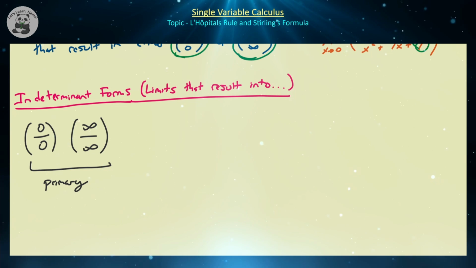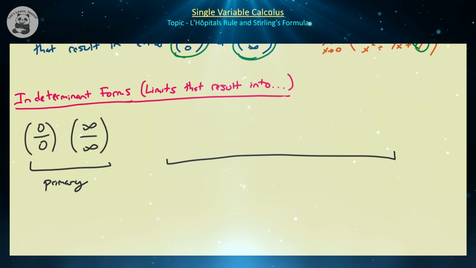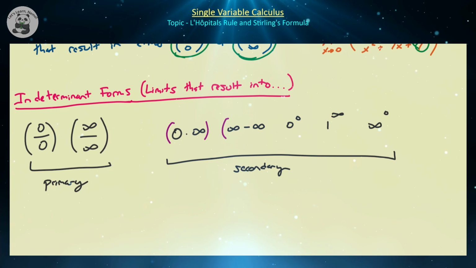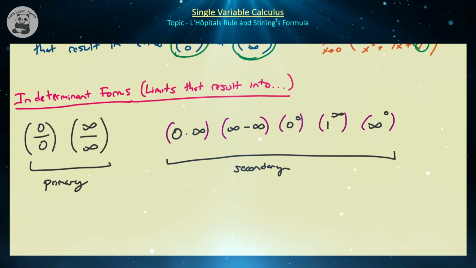So the secondary indeterminate forms are 0 times infinity, infinity minus infinity, 0 to the 0, 1 to the infinity, and infinity to the 0, right? So 1, 2, 3, 4, and 5 secondary indeterminate forms, and 2 primary indeterminate forms.